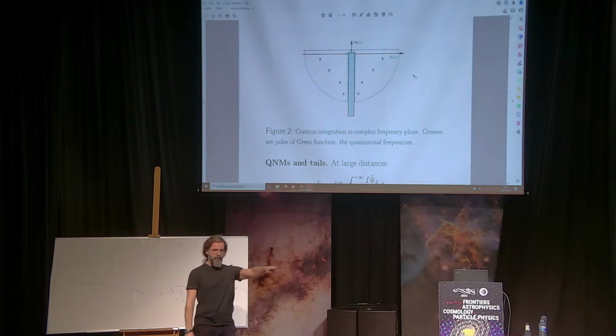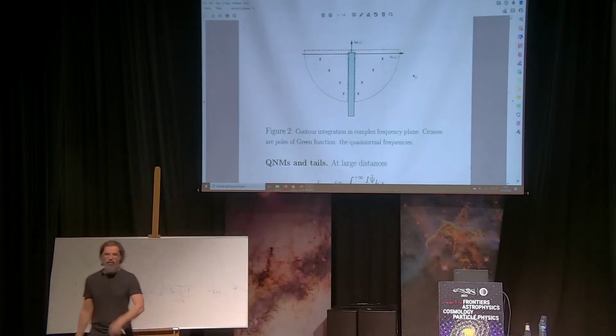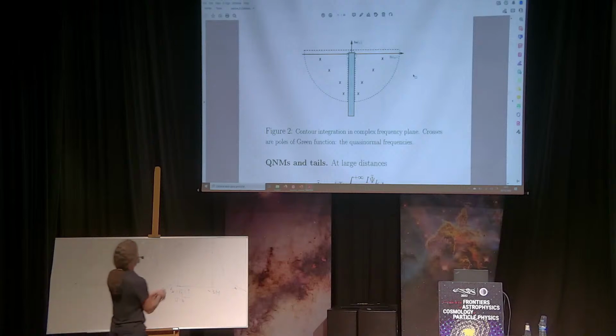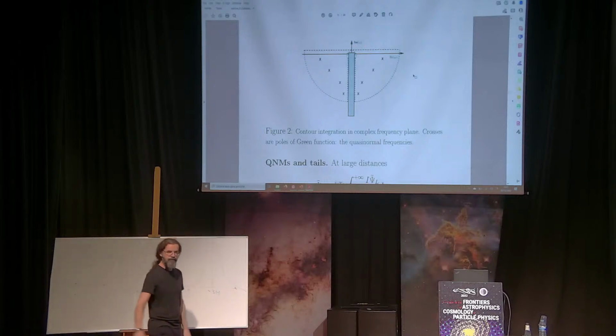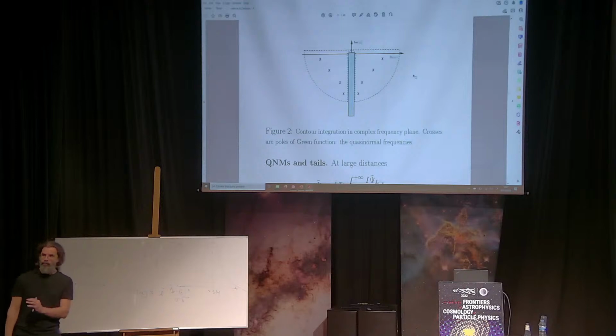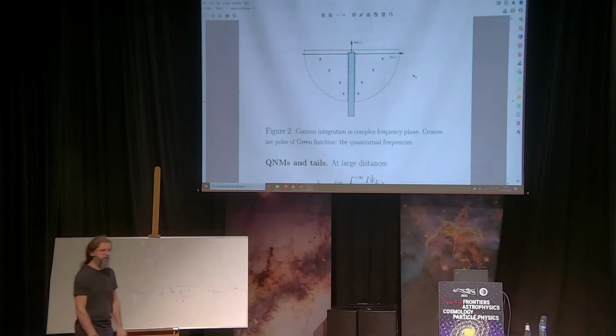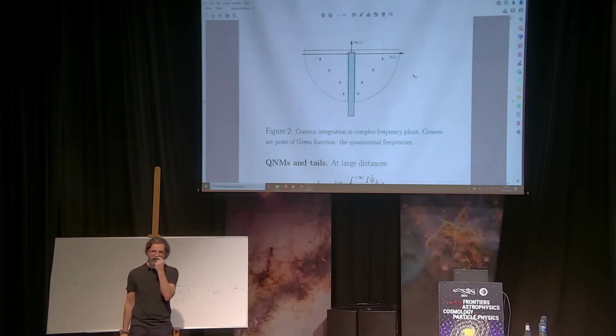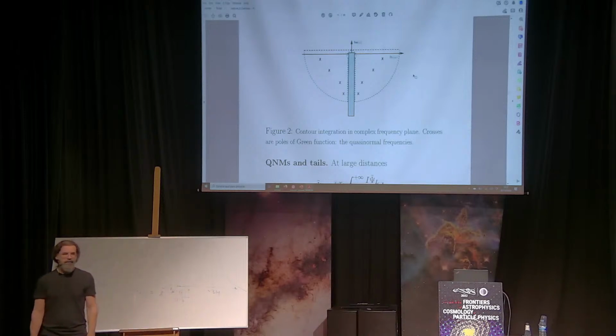Numerically, you always do it on the real line, but you can use contour techniques, right? You can close the contour of integration in the complex plane. Okay? Now, when you try to do that, you're going to find that there's special locations in this complex frequency plane that correspond to poles of your Green's function.